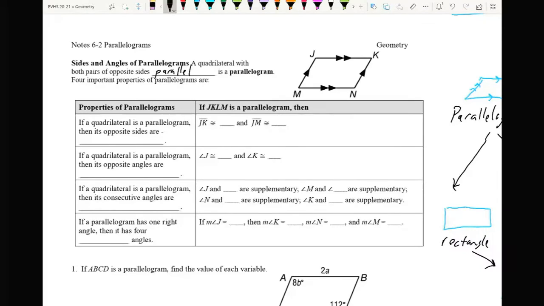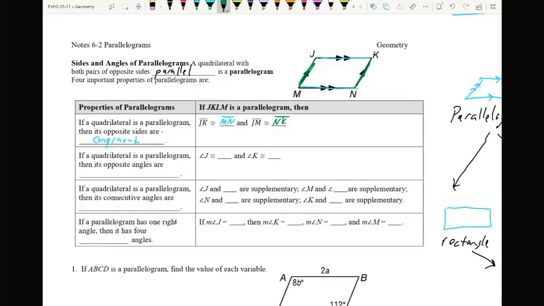So, property 1. If a quadrilateral is a parallelogram, then opposite sides are also congruent. Okay, so in this one above, JK is going to be congruent to MN. And JM is going to be congruent to NK.